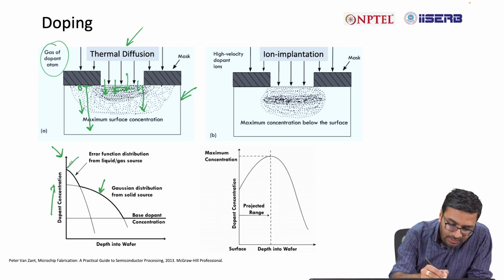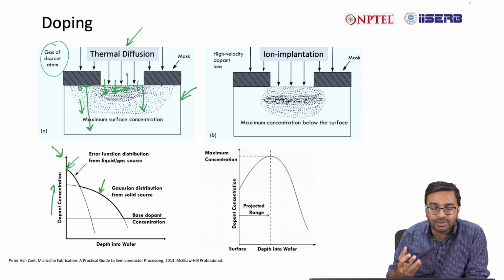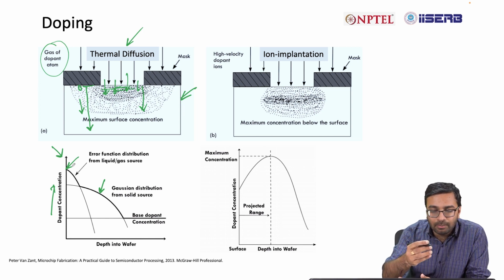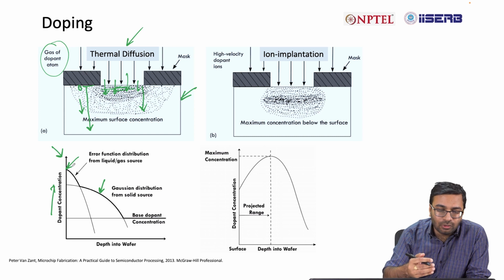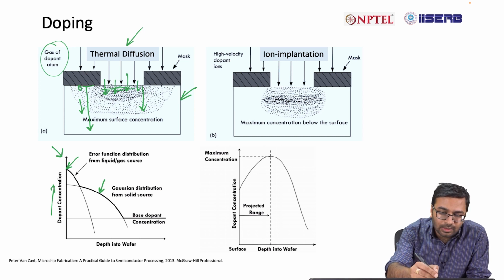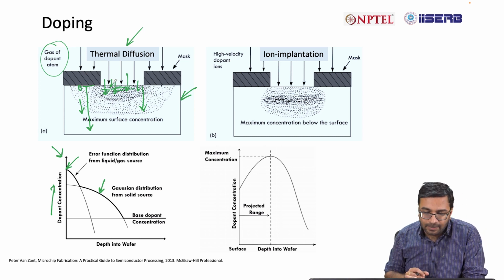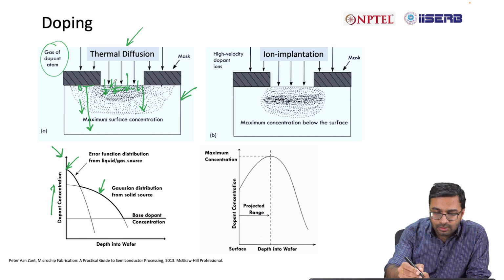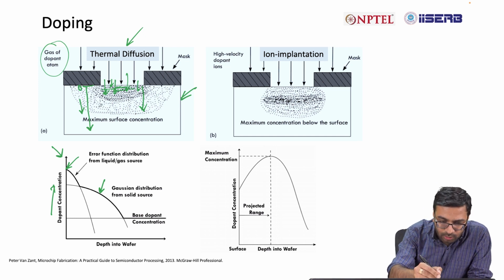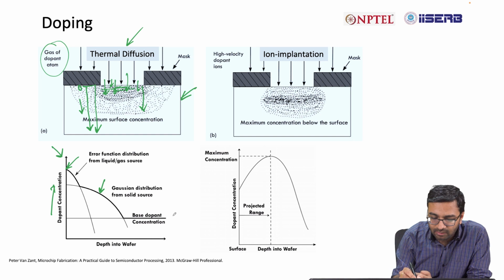Near the surface, however, you have a high concentration of dopant atoms, because it's basically a diffusion process. So you'll find that the concentration near the surface is high, right? And slowly, as we go deep into the semiconductor material, at the end you'll find the concentration is the same as base dopant concentration.